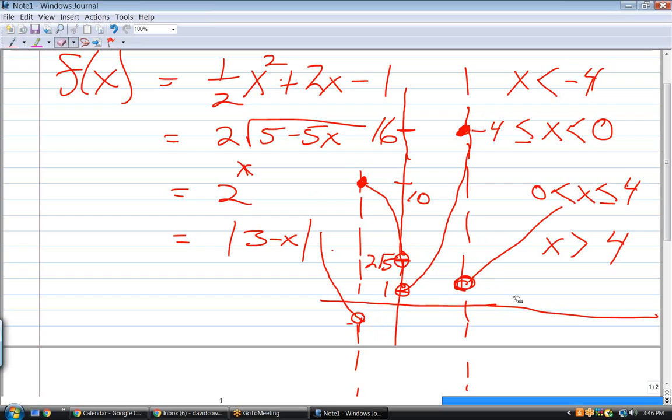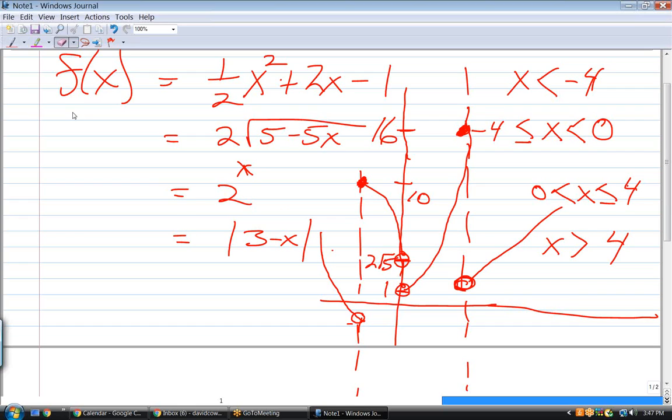Okay? And this is definitely one of the stranger ones I've ever seen because, well, it combines 4 different elementary functions. This is a quadratic, this is a square root function, this is an exponential function, and an absolute value function. So all of these tend to have their own peculiar shapes.